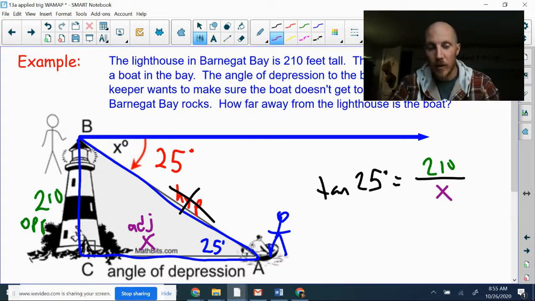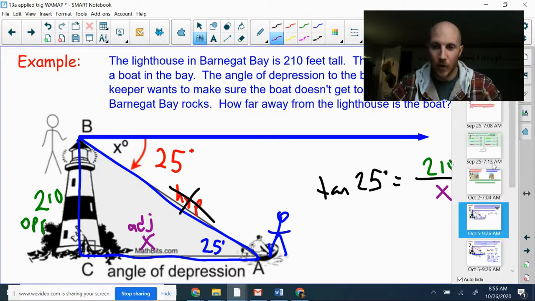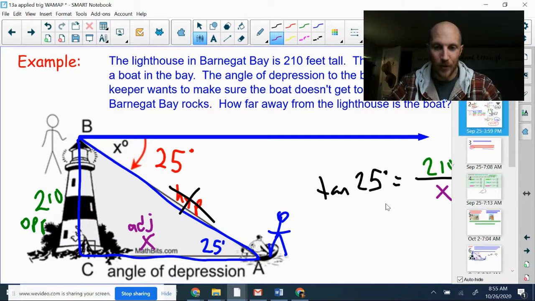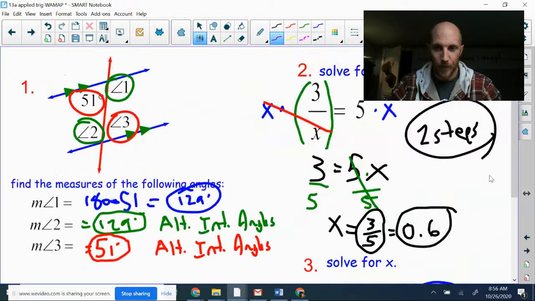And at this point, I'm going to point out that while it is possible to continue with the trig ratio tangent set up as it is, I have the variable in the denominator. And I know that means it will take me twice as much work to solve for x as if the variable were in the numerator, just like we saw back here in the do now, right?